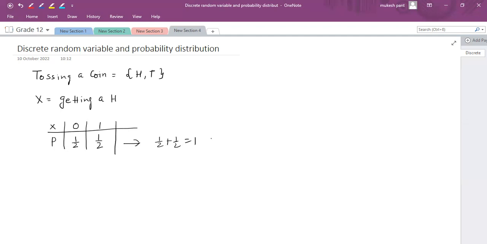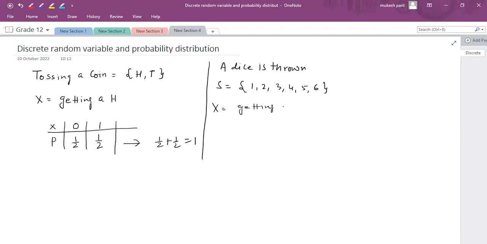Right? Let's consider one more event. Suppose there is a random experiment where a die is thrown. What are the possible outcomes? 1, 2, 3, 4, 5, 6. Suppose X is a random variable for getting a prime number.